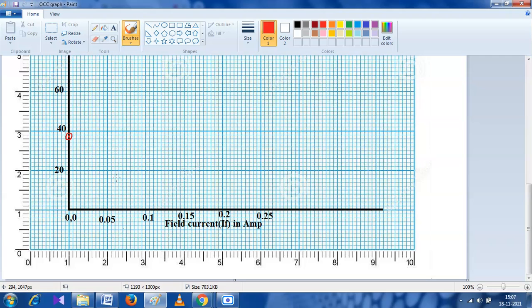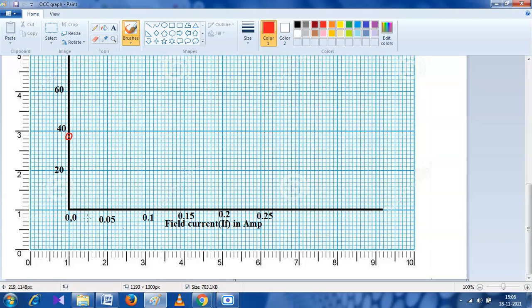And after that, the next reading is, what is the next reading? In field current is 14. 0.02, yes sir, and in voltage this is 48.